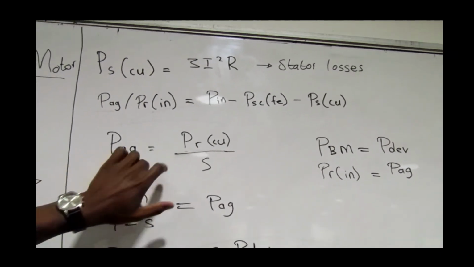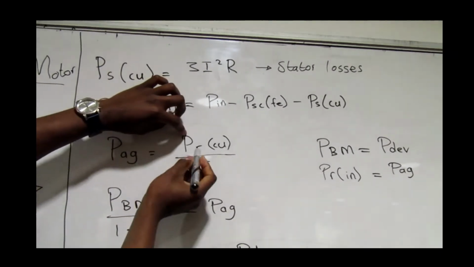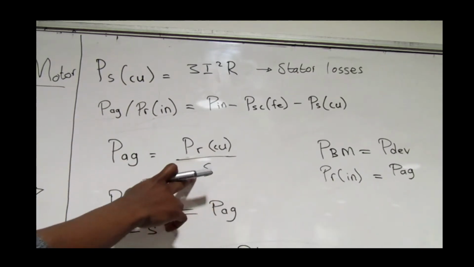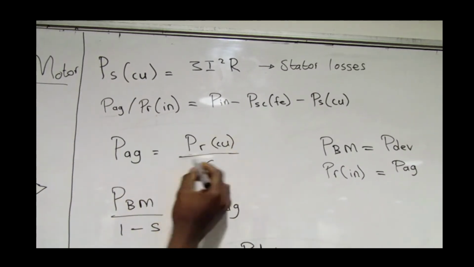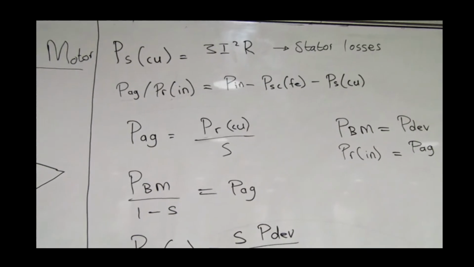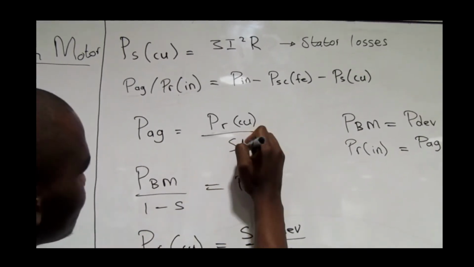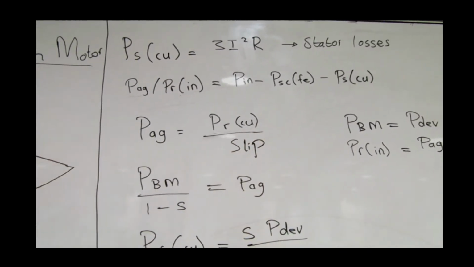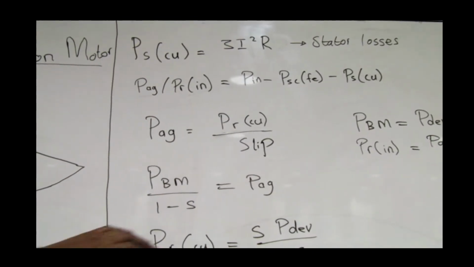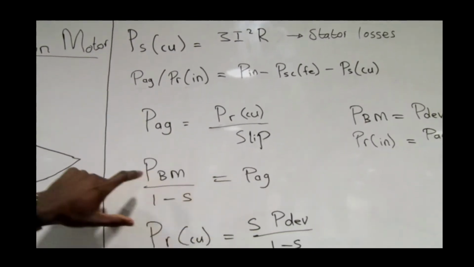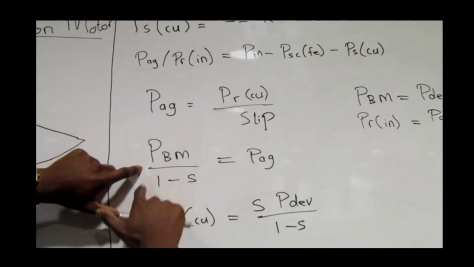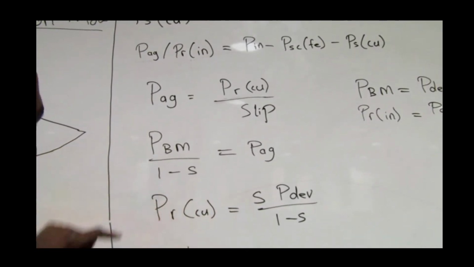P air gap is also given by P_RCU, which is the rotor copper loss, divided by the slip. This S is slip.